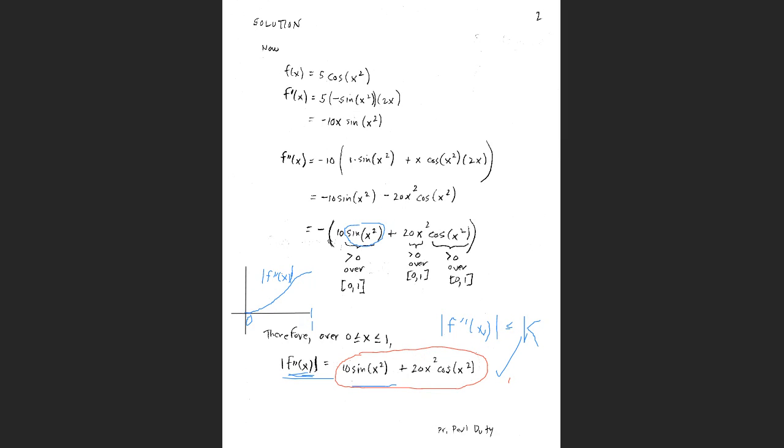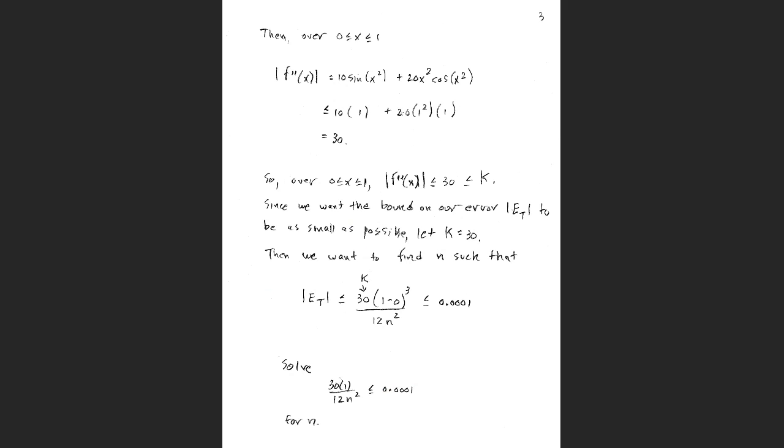We want to know where that second derivative is maximized. It's an increasing function. So what x value is the second derivative maximized at? 1. Okay, all right, there we go. We're going to let x equal 1.